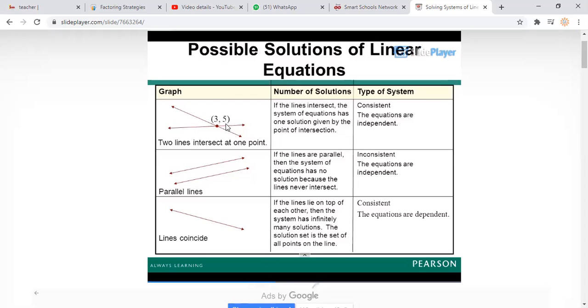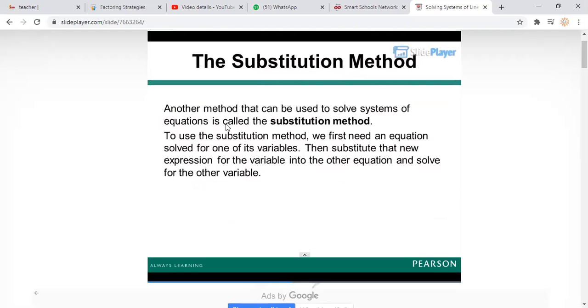So if we have one solution or no solution, we say the equations are independent. Two cases we say they are independent: when we have one solution or no solution.